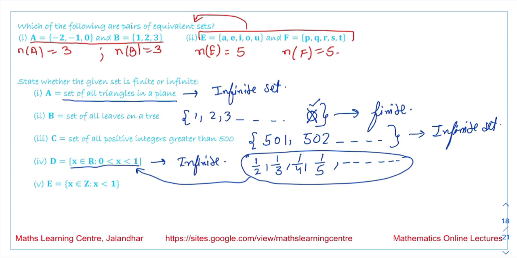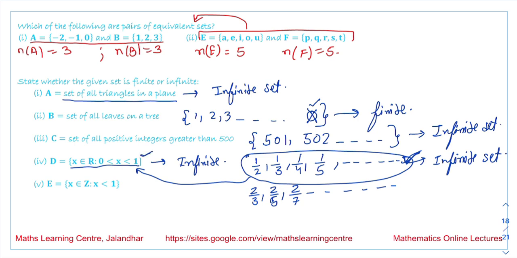There are infinite such numbers. There are other numbers also, like 2 by 3, then 2 by 5, then 2 by 7. But if we talk about only these numbers, these are infinite in number. So this set is an infinite set. That is, the number of elements in this set we cannot count.